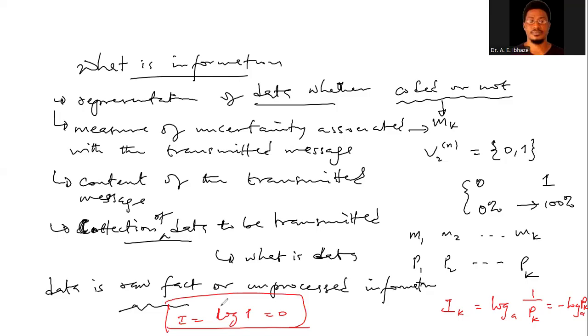Hopefully in subsequent lectures, we'll go into the mathematics of describing the information content contained in the message, because at the end of the day, we want to be able to extract the information from the received message sequence. Okay, I think this is a good place to stop from my end.